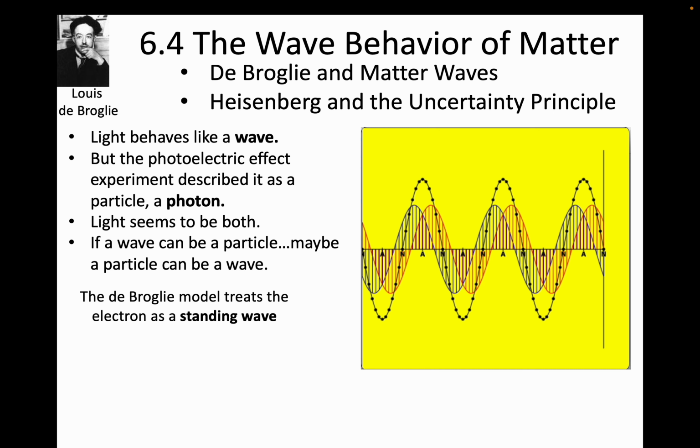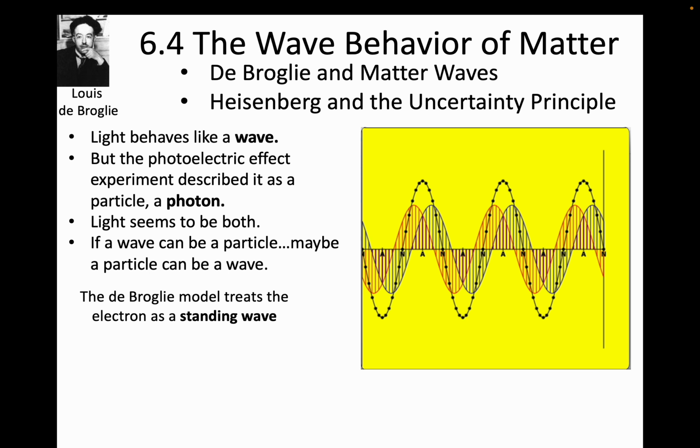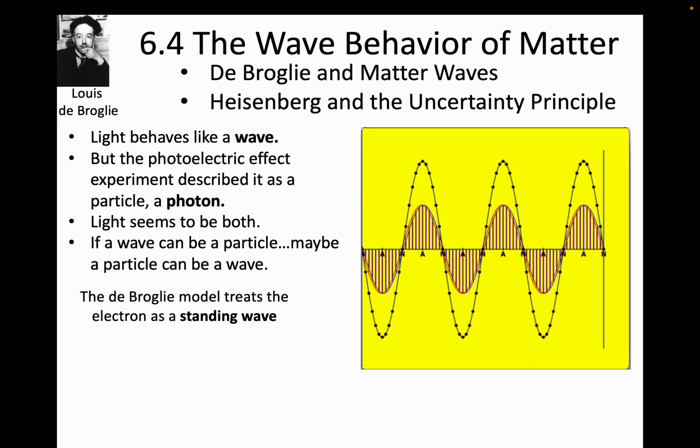The overall wave is going up and down, but there are particular spots where it seems as if it's fixed, where it's not going up and down at all. Spots like here, here, here, here. Those are called nodes. Those are spots where the wave is as if it's not moving at all.